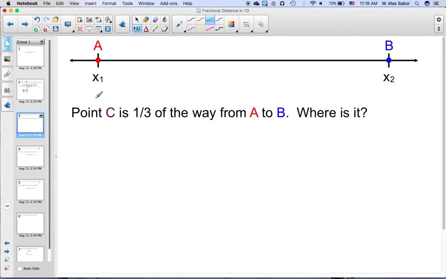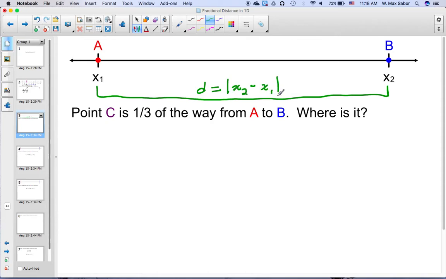Well, we want to say it's some distance between these two. And that's what we did with the distance formula. That's why we talked about the distance formula first. It's the absolute value of x2 minus x1. So that's our distance.